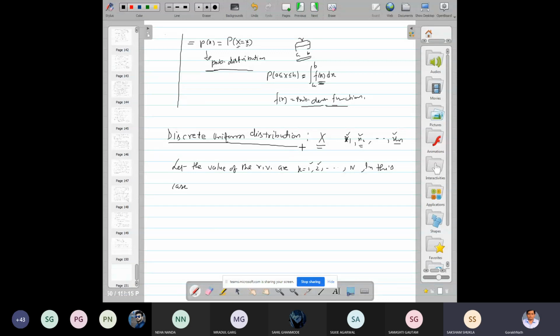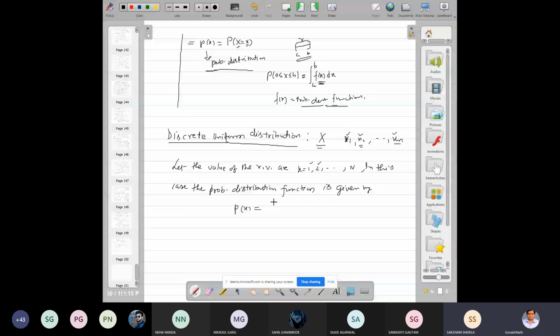So in this case, the probability distribution function is given by P(x) = 1/n.